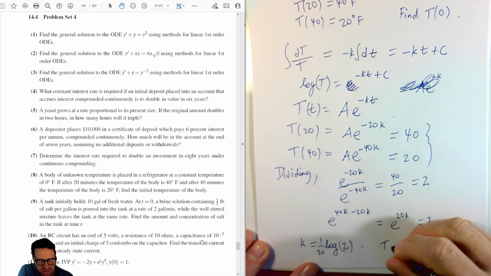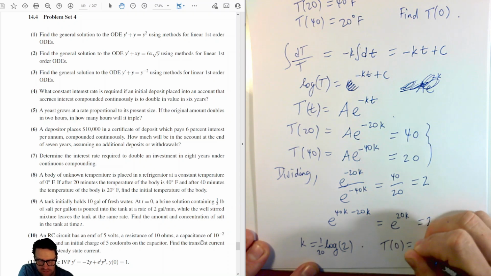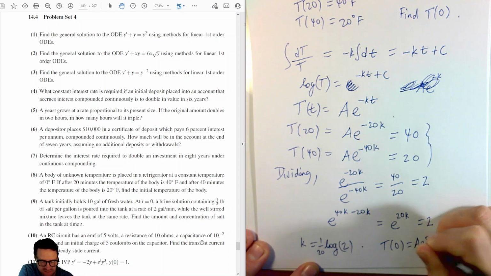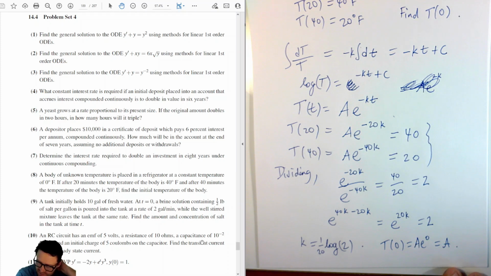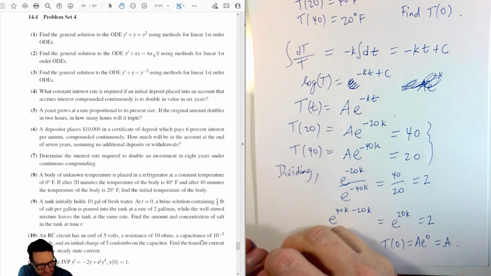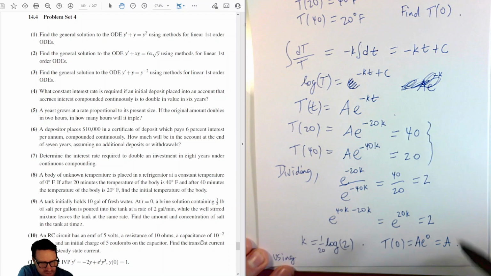All right, now T of 0 is equal to A e to the 0, which is just A. And now we can go back to using one of our equations, such as this one.